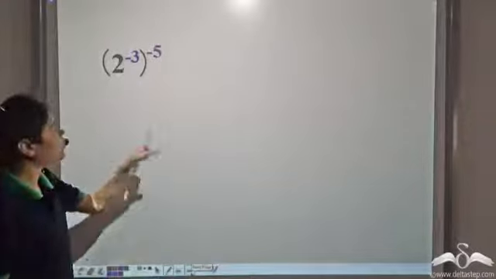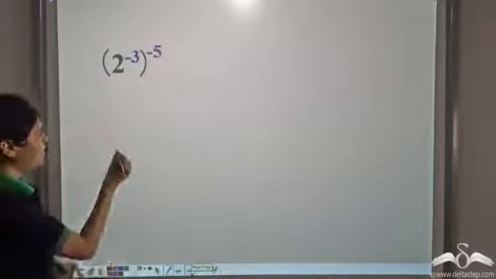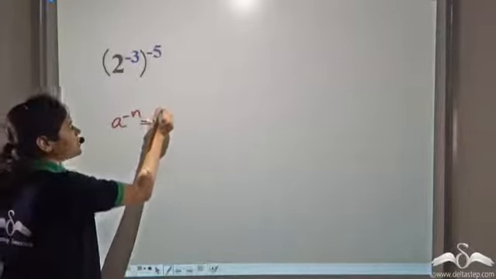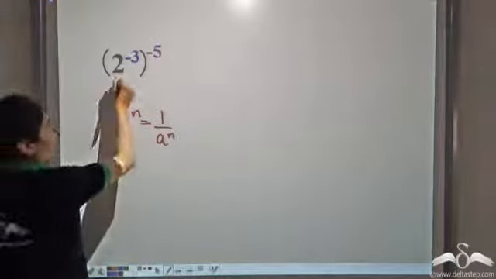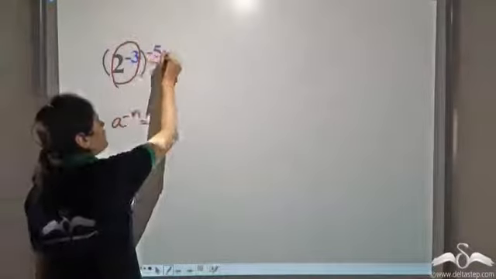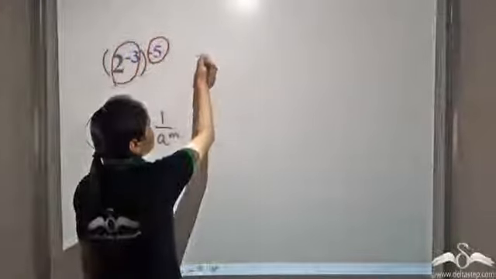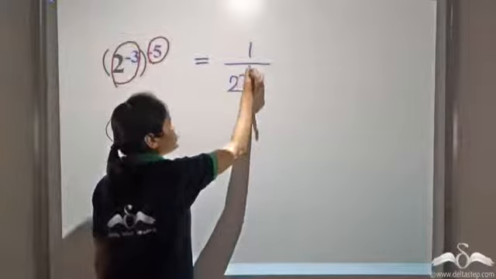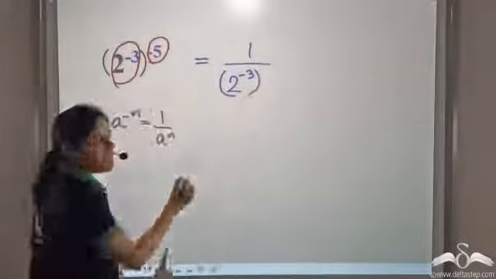Now let us see what happens if both the powers are negative. So again, a to the power negative n can be written as 1 by a to the power n. Now a is this entire thing and negative n is negative 5. So we can write this as 1 divided by a, which is 2 to the power negative 3 in this case, to the power n.